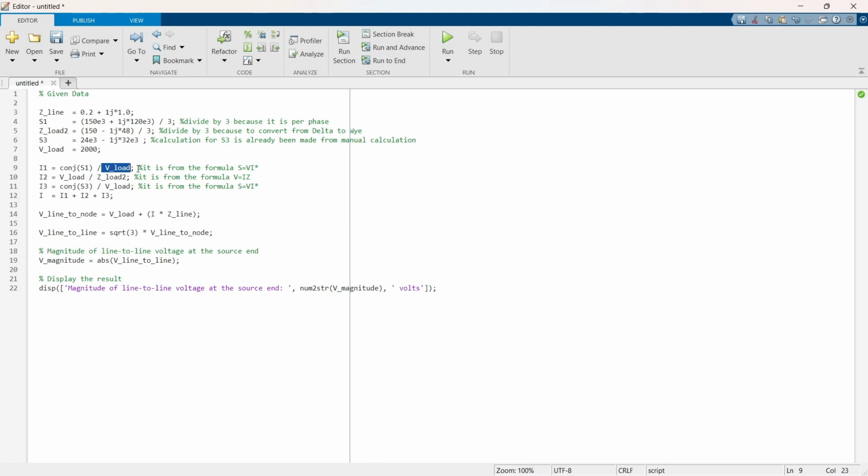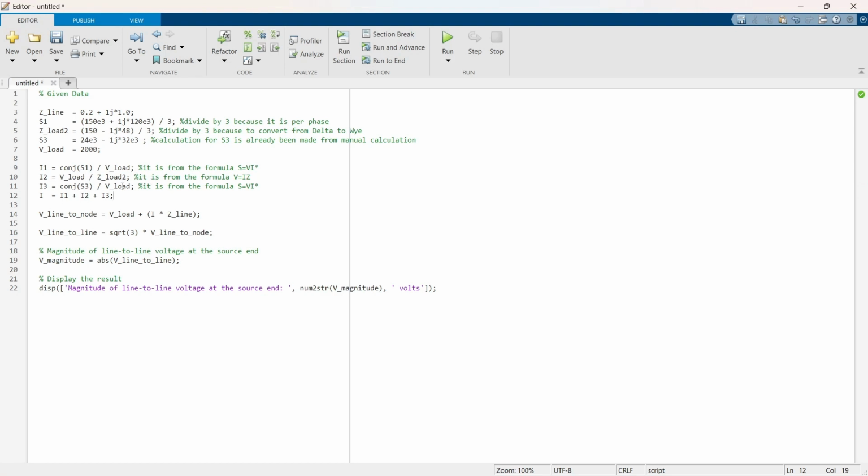This is because we use the formula S equals V I conjugate. For the current in the second load, we can use V load over Z load 2.